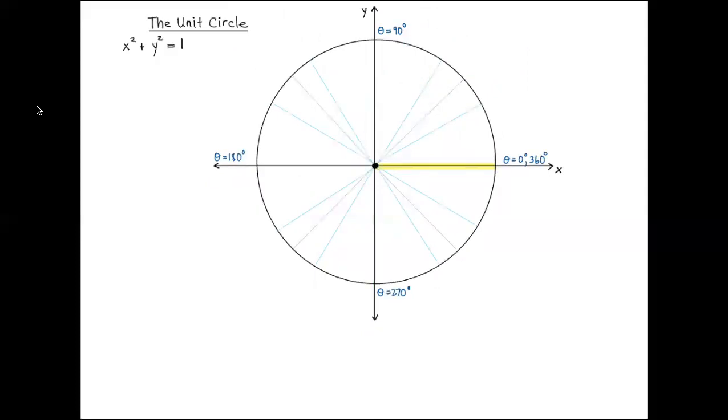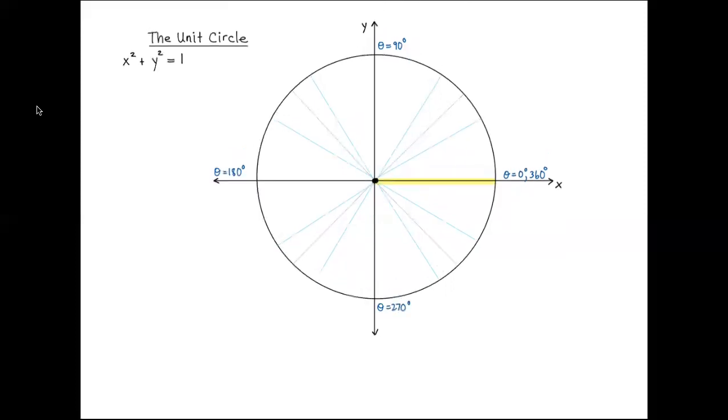Now, let's fill in these angles here. This angle, I've tried to draw it so it's exactly halfway between 0 and 90 degrees, which is 45 degrees.